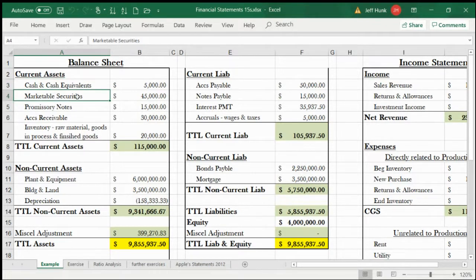And then hold the rest of it in other forms of financial assets that would give you the highest return possible. So that's why they are holding marketable securities.